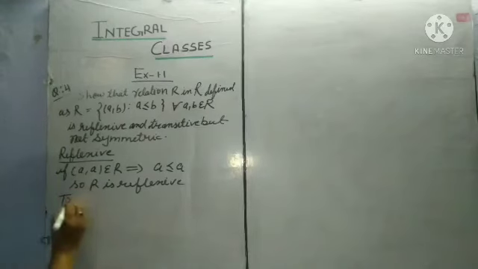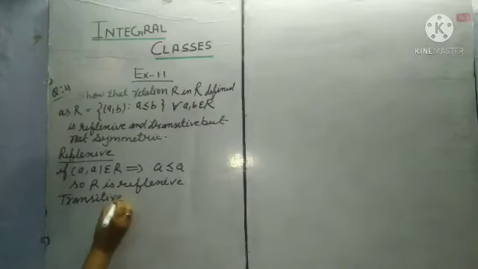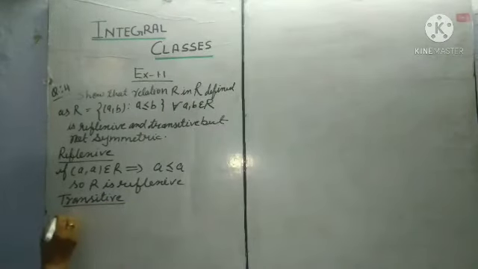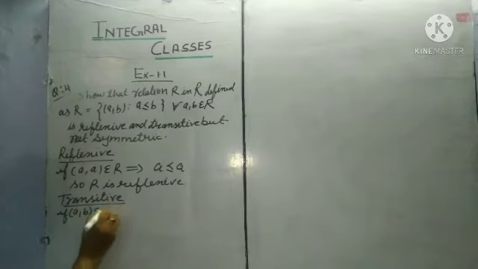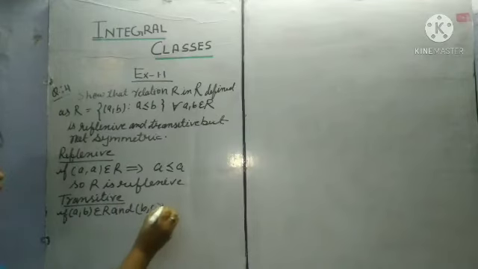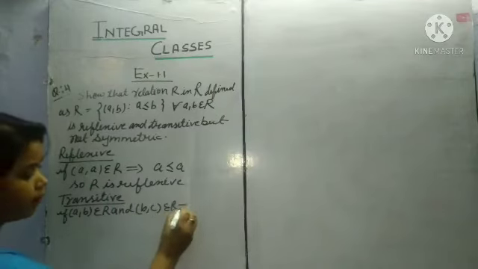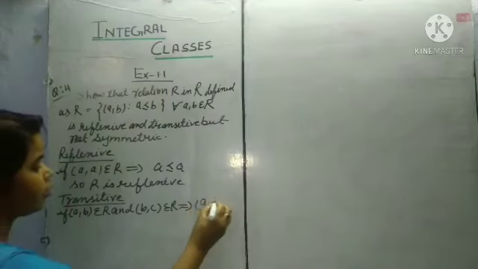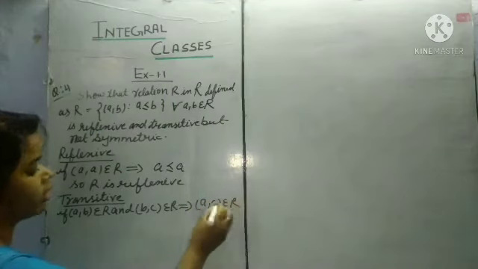Now second, it is transitive also. So for transitive, we will consider three pairs. If (a, b) belongs to R and (b, c) belongs to R, it implies that (a, c) belongs to R. It should be.